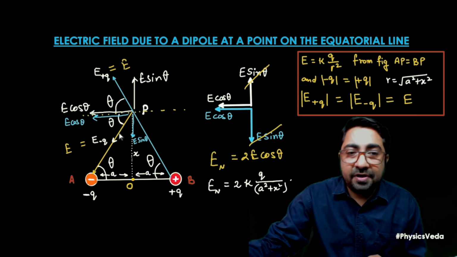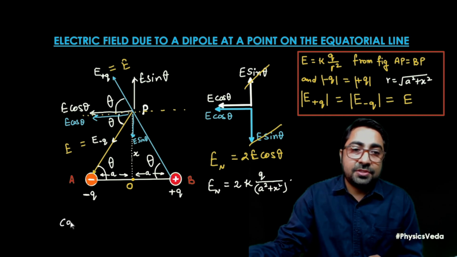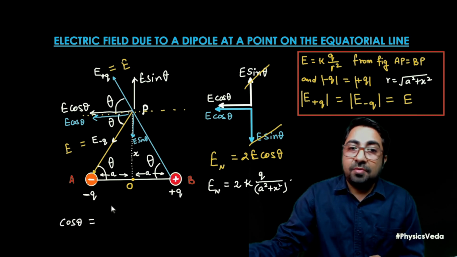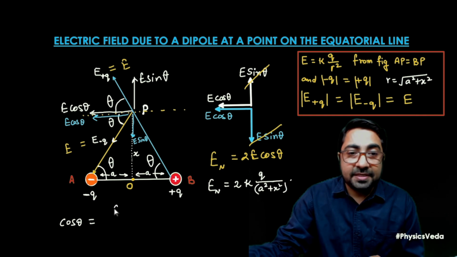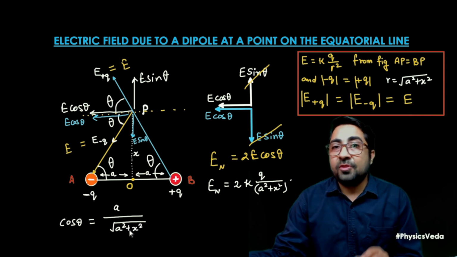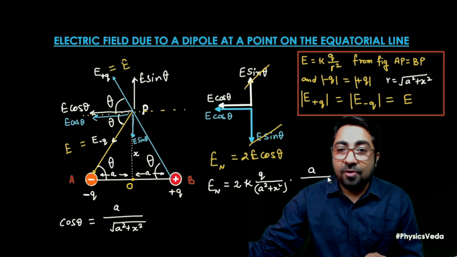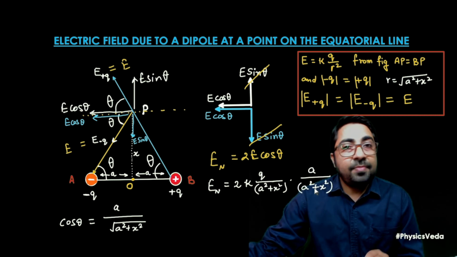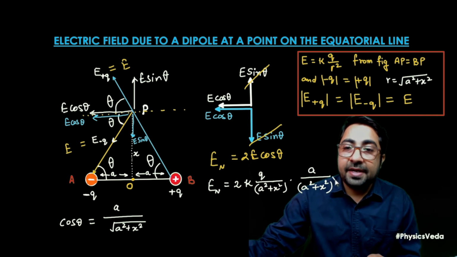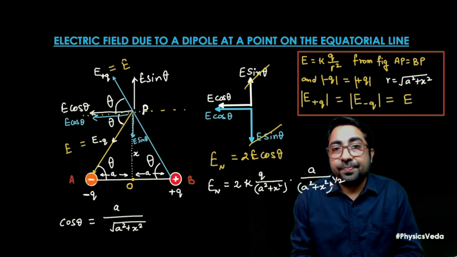So from any of the triangle, cos theta is equal to base. What is base here? Base is a and hypotenuse is square root of a square plus x square. Now putting the value of cos theta here, we will get a upon a square plus x square, and in place of square root, I can write power 1 by 2.